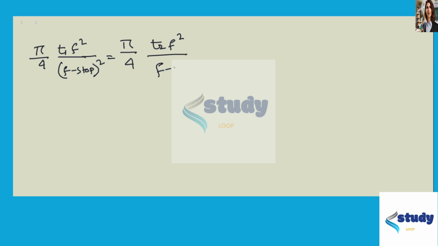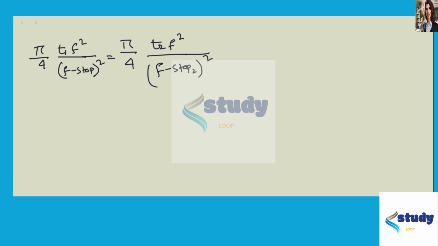So let's do that. So it's going to be pi by 4 times T1 F squared over F stop 1 squared, which is equal to pi over 4 times T2 F squared over F stop 2 squared.